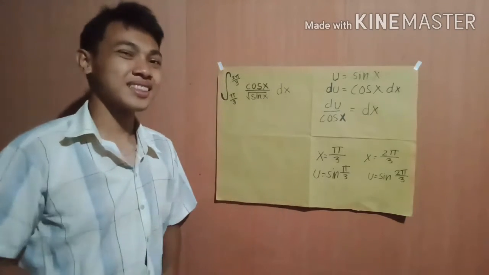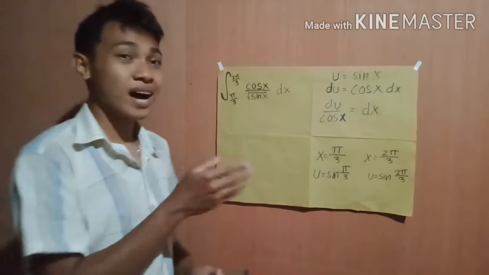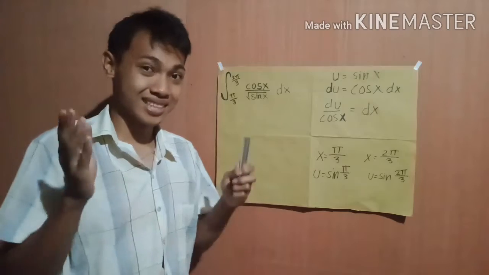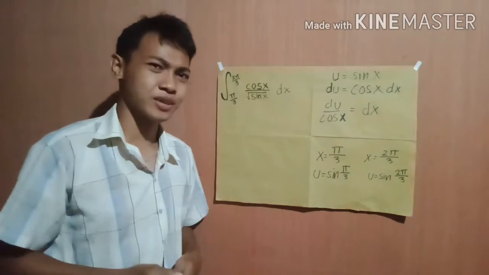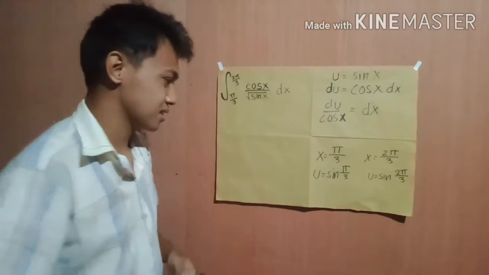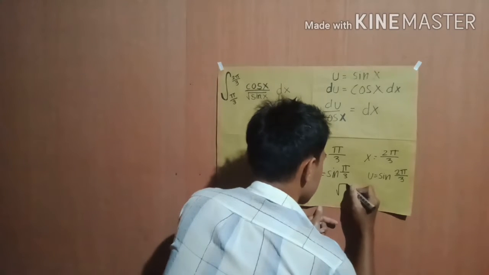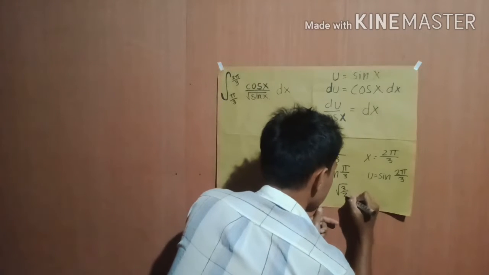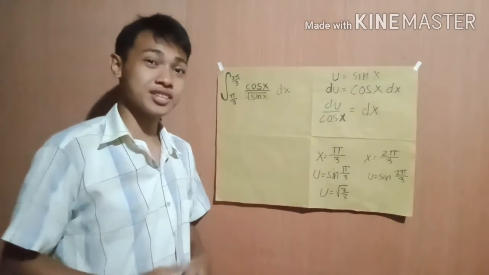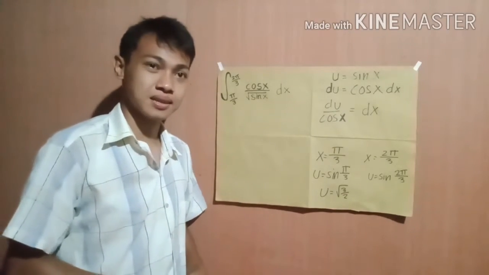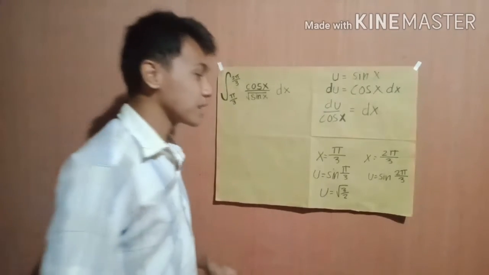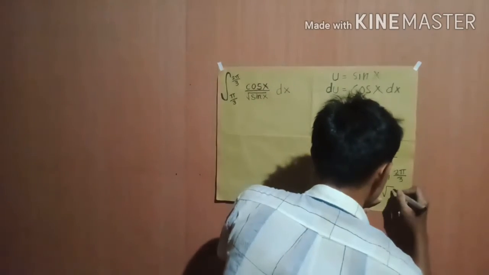Interestingly enough, pi over 3 is 60 degrees, and the sine of 60 degrees is radical 3 over 2. But 2 pi over 3 is 120 degrees, and that's also radical 3 over 2.